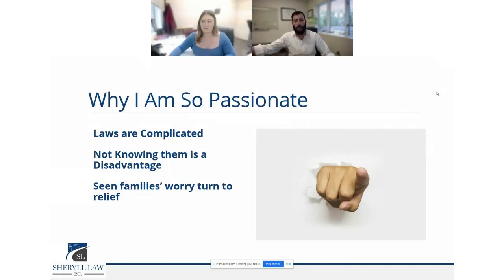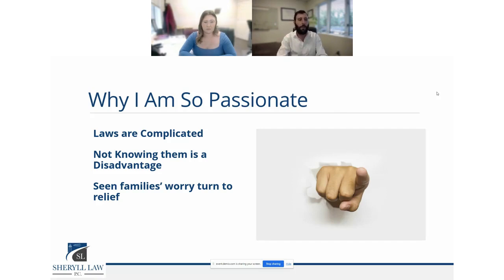Now, if a person doesn't want to protect their assets, that's not on me to tell them that they're wrong. But if they want to protect their assets, I never want to see them lose out on an opportunity simply because they either didn't know or they misunderstood it. And my favorite part of what we do, which I can't see on the screen today because I can't see your faces, is seeing people's faces, seeing their worry turn to relief.